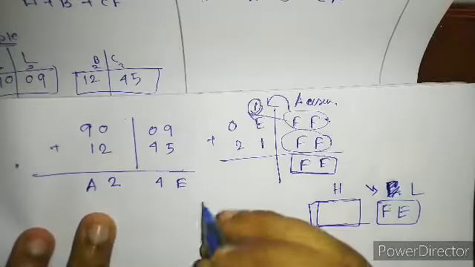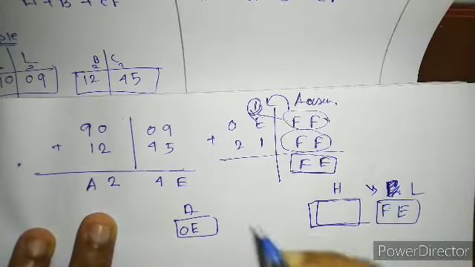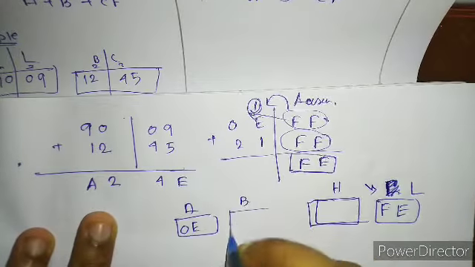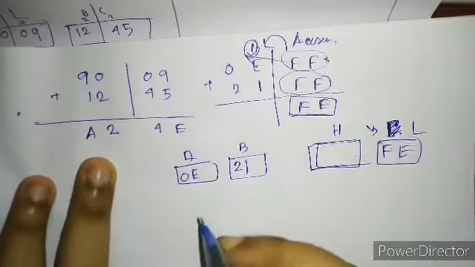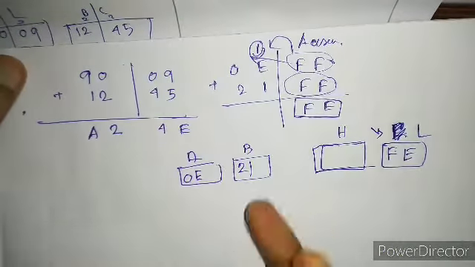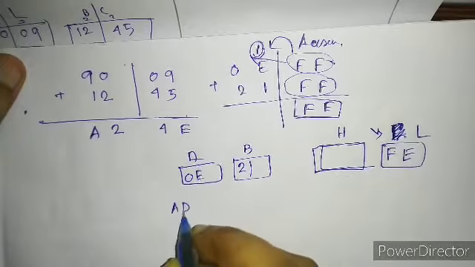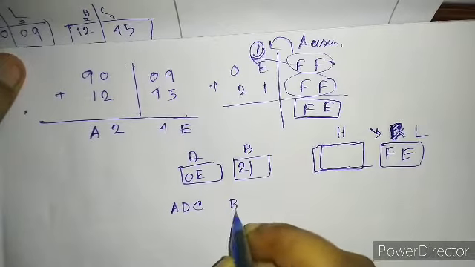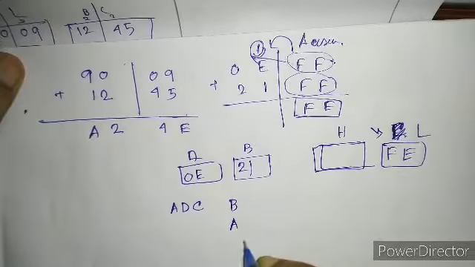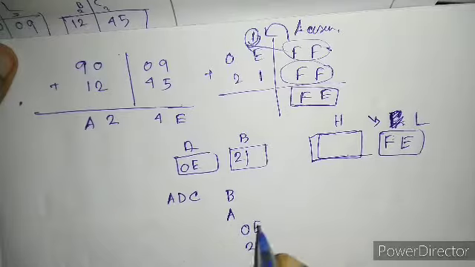How? Maybe in A it is stored E, and in B it is 21. Apply the instruction and store these two data in these two registers. Now ADC B, what will happen? A plus E, D is 21.